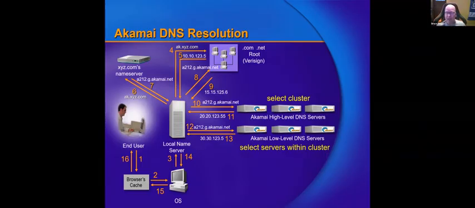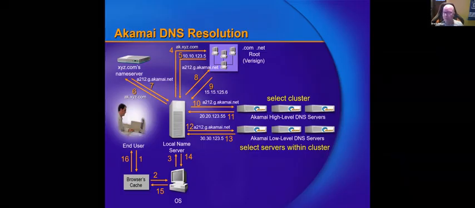It's only the last one, the low-level DNS servers, that tend to have short TTLs, so that Akamai can respond quickly to flash crowds or to server failures and change which specific server a request goes to. Okay, so good answer, Johnny.